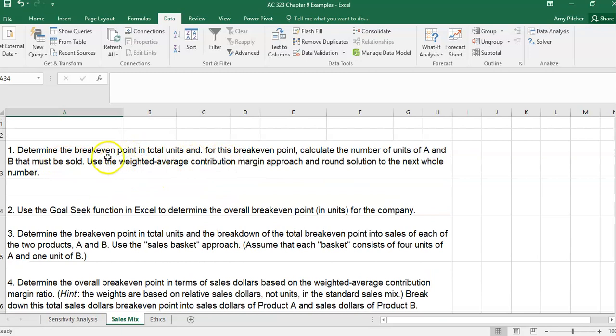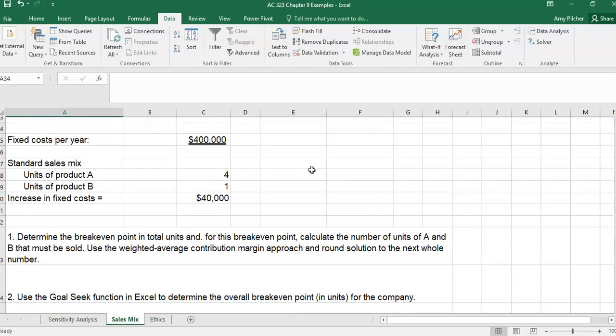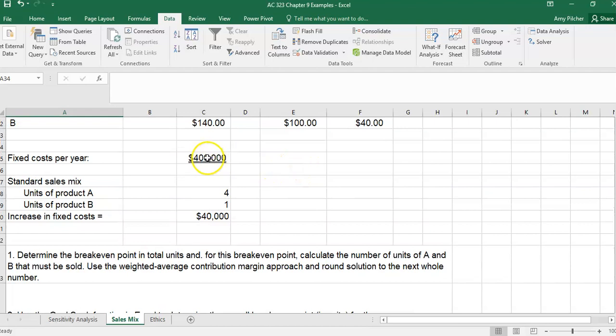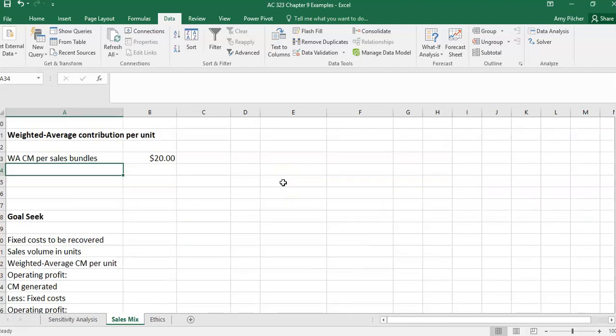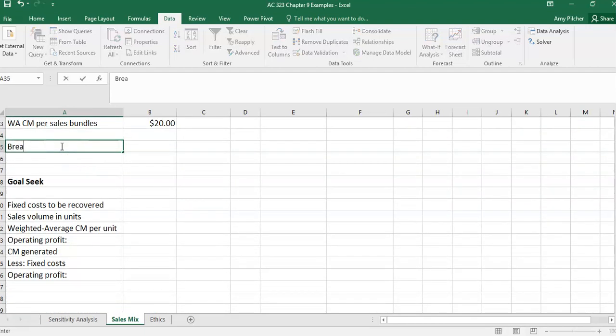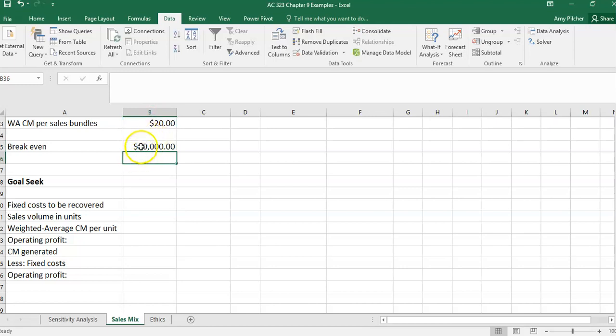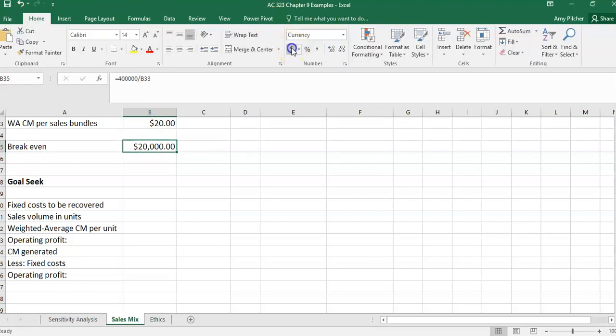Next, we want to determine the break-even point in total units and the number of units of A and B that must be sold. So the break-even formula is fixed costs divided by our contribution margin. To determine the break-even, we would take fixed costs of 400,000 divided by our weighted average contribution margin. We need 20,000 units to break even.